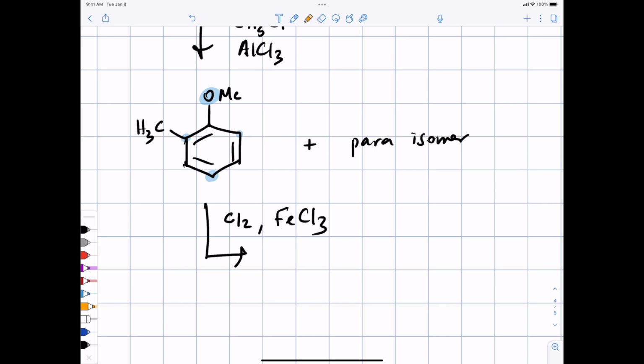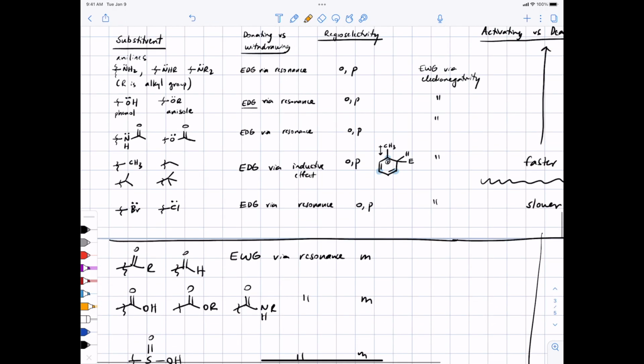Methyl is going to prefer substitution ortho and para to it. You've got opposition between two donating groups, but we've just learned that the methoxy group is a better donor than a methyl group. Therefore, the better donor wins by affecting the reaction. When two donating groups oppose each other's regioselectivity, the more effective donating group wins.